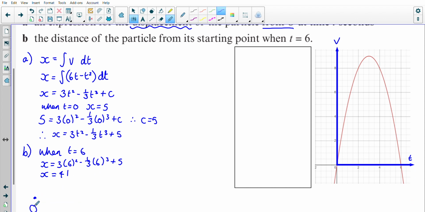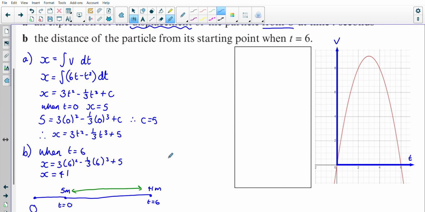So if I just draw a little diagram, this could be O. Then its starting point at t equals 0 was 5 meters. And then we've just calculated that when t is 6, we've got 41 meters. So actually the distance of the particle from its starting point is going to be that distance there.